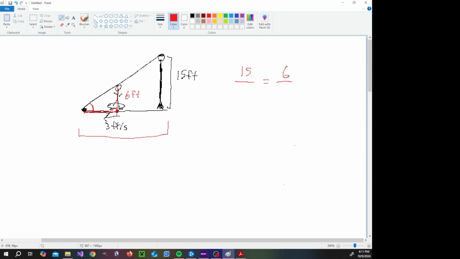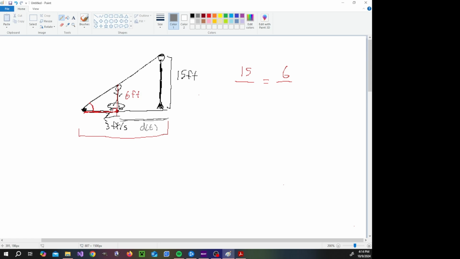So the thing to do now is try to figure out some expression that we can make from here. In order to do this, let's give this side length a name. The distance from the lamppost to the boy, let's say, is d, and that's changing with respect to time.